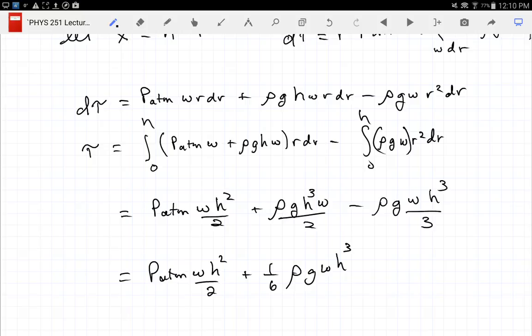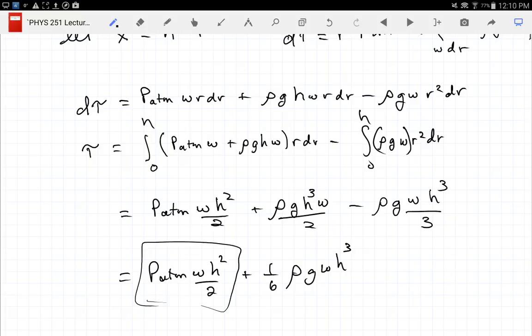And as a final thing, that's the torque created by the water. There's also going to be a torque created by air on the back side. And the torque created by air on the back side will exactly cancel this. So this part here is going to be canceled by the air on the back side of the dam.